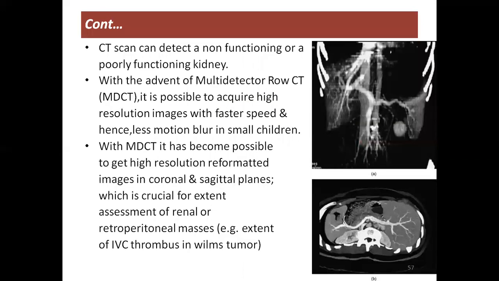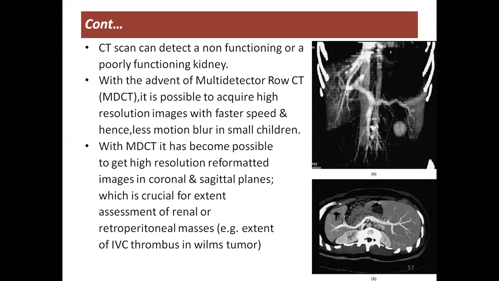Another technique is computed tomography. It can detect a non-functioning or poorly functioning kidney. With the advent of multi-detector CT, it is possible to acquire high resolution images with faster speed, hence less motion blur in small children. Adults would be stable, but in children we find that they move a lot.